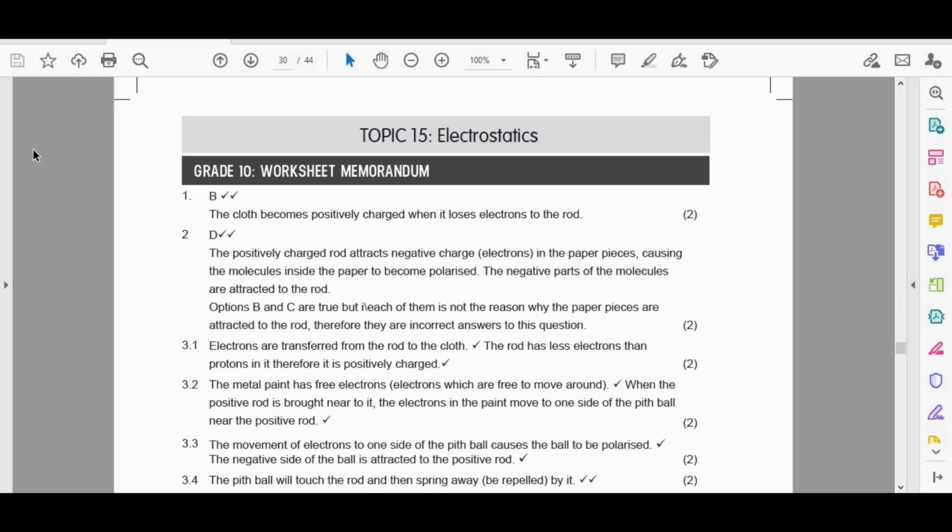They are small, or they are neutral, but those are not the reasons why they are attracted to the rod. They are attracted to the rod because the positively charged rod attracts the negatively charged electrons in the paper pieces, and that causes the molecules inside the paper to become polarized, and that's why they are attracted to the rod or ruler.